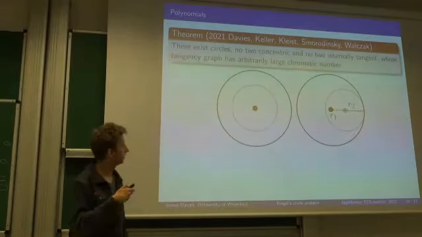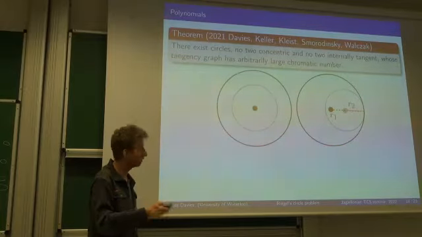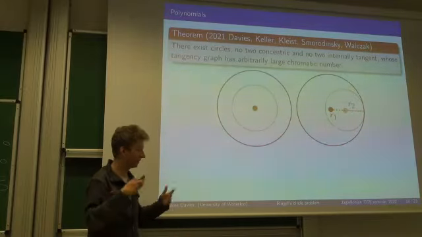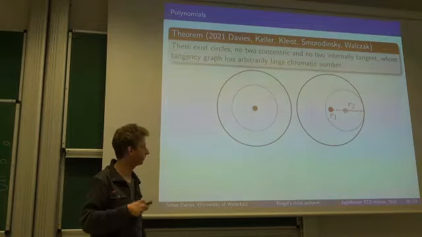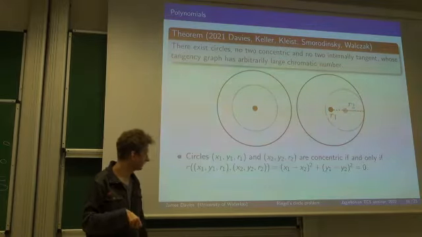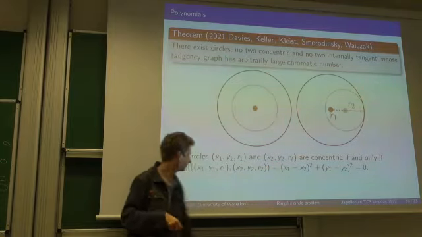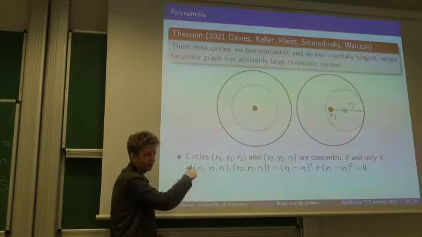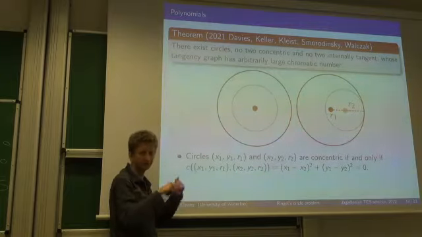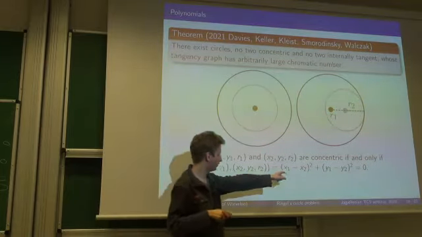Viewing our circles as points in three-dimensional space, we can actually get a very simple polynomial condition for being concentric or internally tangent. So two circles are concentric if and only if a concentric polynomial in 6 variables, or in 2 3-dimensional variables, is equal to 0.